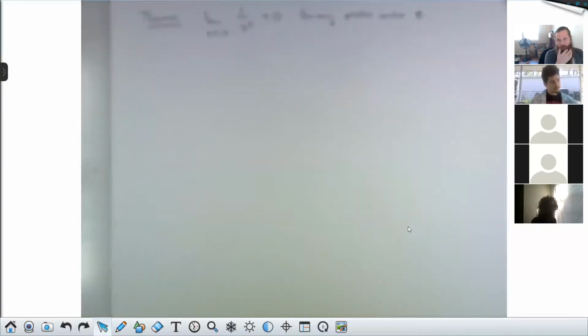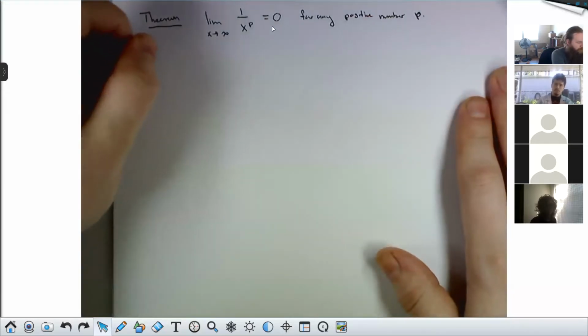So if you have the reciprocal of a positive power, in other words, if that x really does belong downstairs, then this is going to go to 0. 1 over infinity is 0.